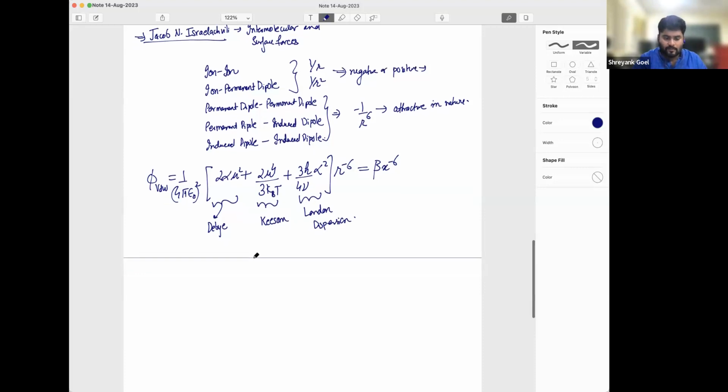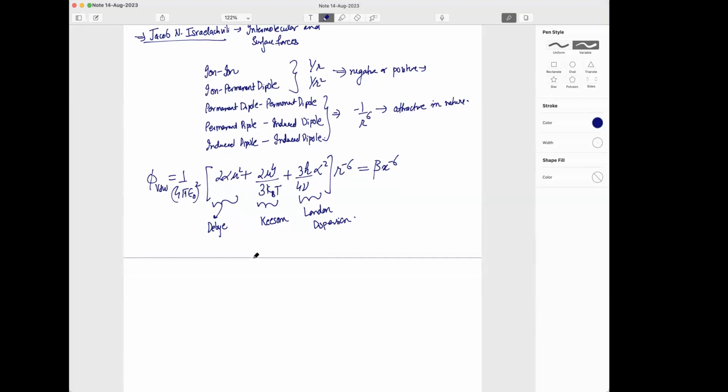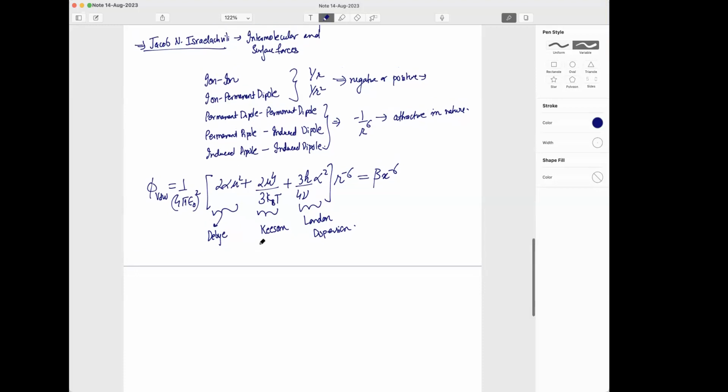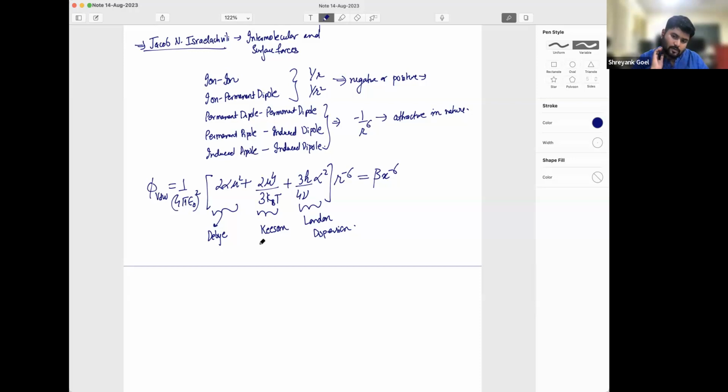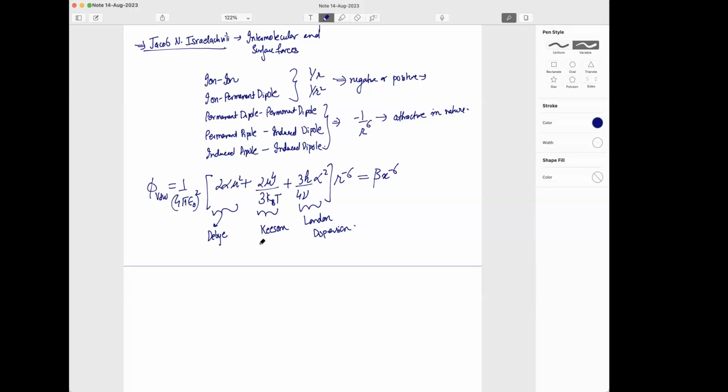We have this. On this, we will solve a numerical afterwards. Then, I have a doubt. There is a 3 by 4 in the London term, because it is given as 3 by 4 in the assignment, but in the video it is given only as 3h alpha square divided by b.